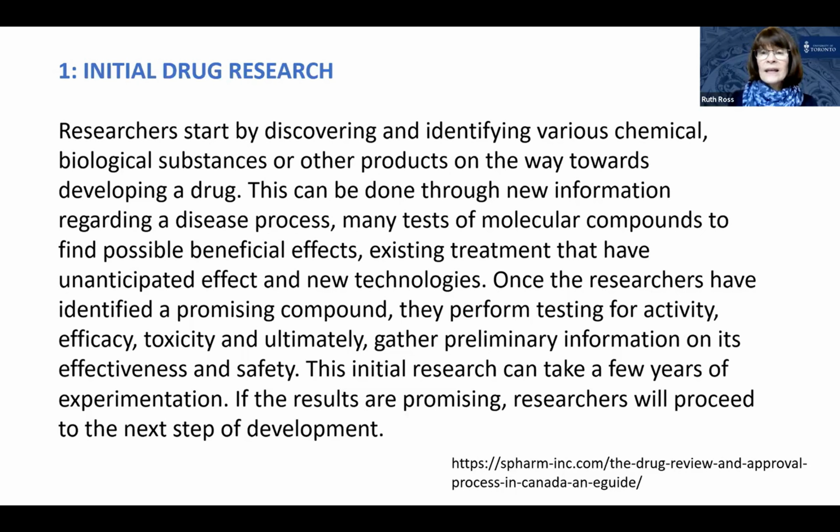Of course, things like AI and computer-aided drug design have speeded up some of the process, and sometimes people are now looking virtually at millions and even billions of structures to see if they might fit, to be a key for that particular lock of that drug target. So that's the initial research.